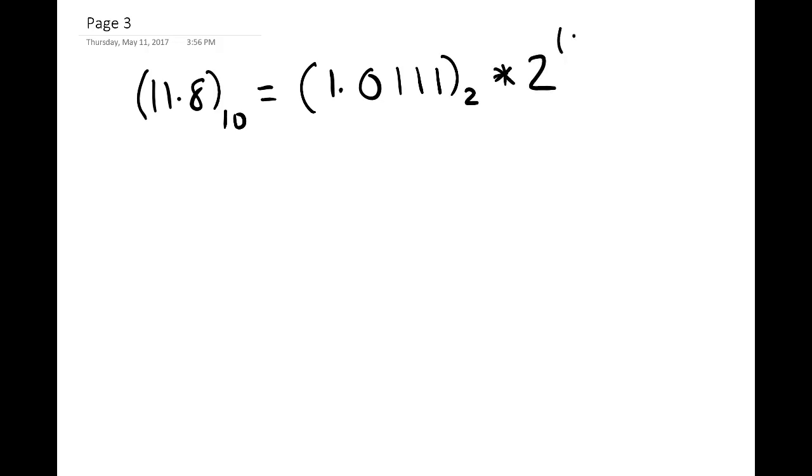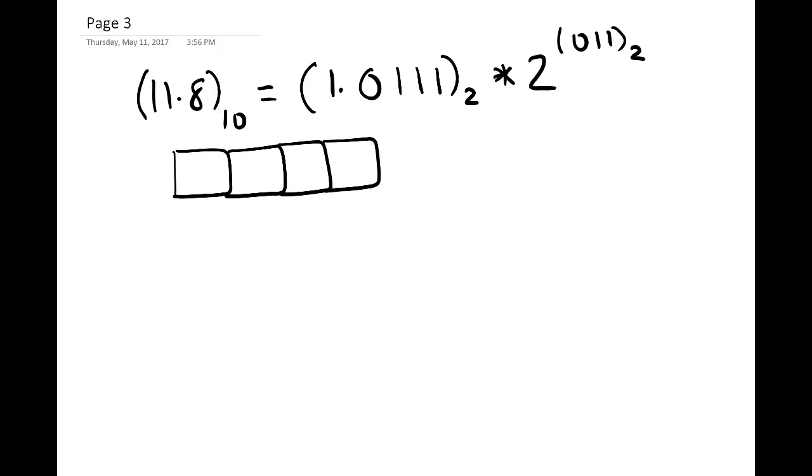We have 11.8 base 10 is now written as 1.0111 base 2 times 2 to the power 011 base 2. And now we have to assign it to the 9 bits of this hypothetical floating point. And we're going to see how we go about doing that.